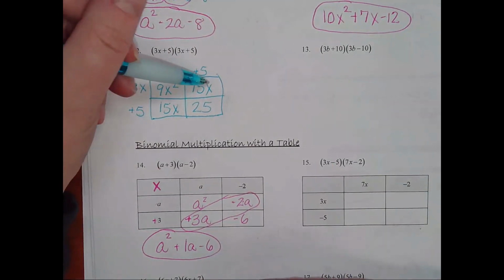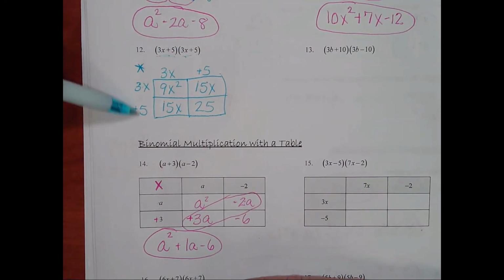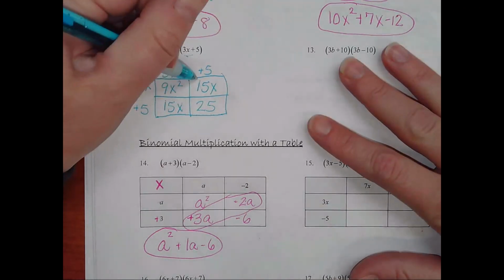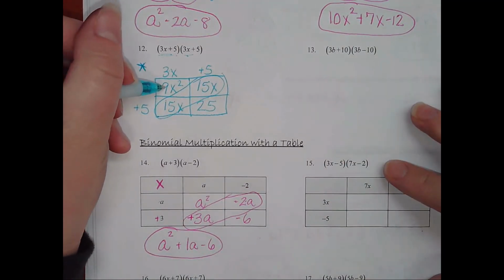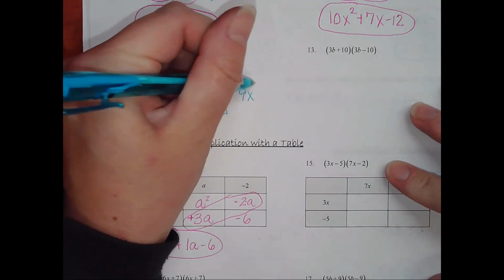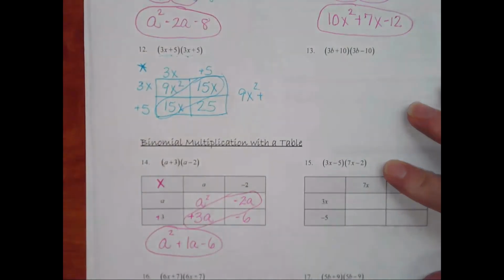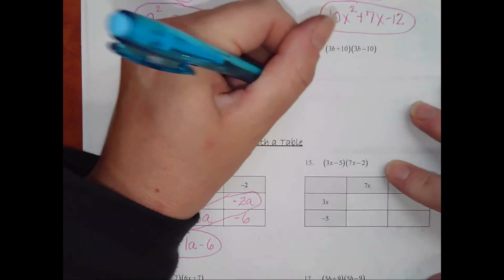So again, I made a 2 by 2 square here, and then I just put whatever was in parentheses on top and on bottom. Multiply them, and again, whatever's in this diagonal can always be combined together. So 9x squared has nothing to be combined with. 15 and 15 added together, they're both positive, gives you 30x, and then plus 25.